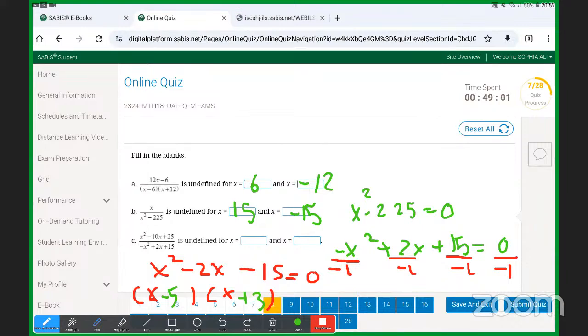Correct. Say again. Yeah, so it will be negative 5 plus 3, exactly. So x will be what and what?